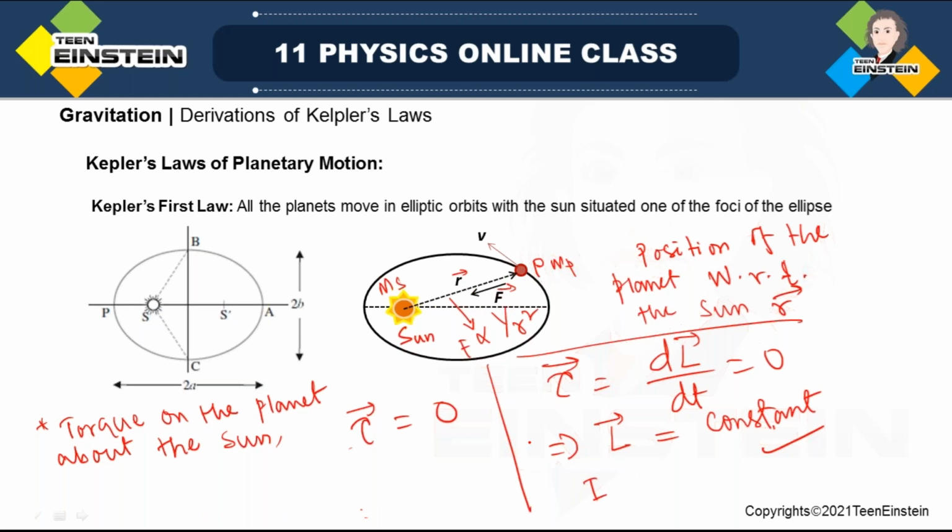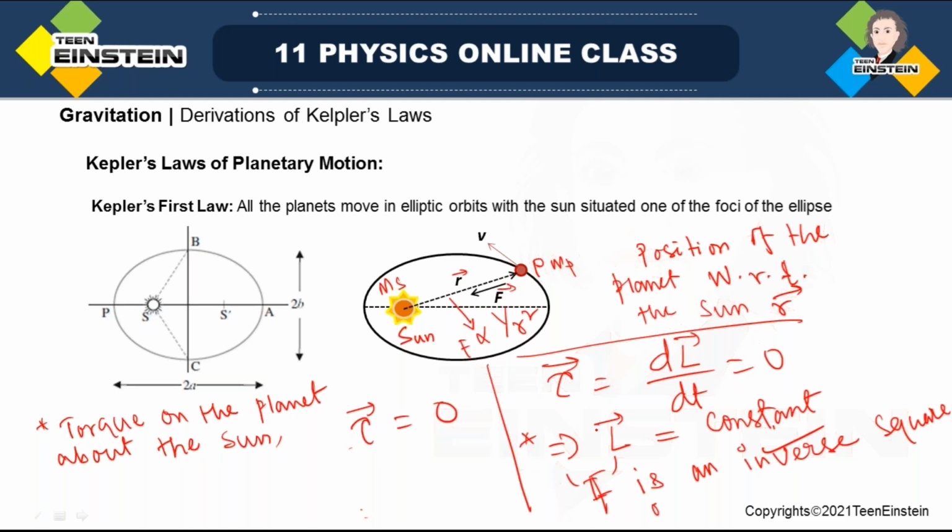Okay, so inverse square, so here there are two things. One is that the angular momentum is constant in direction and magnitude, and the force is inverse square. This force has the nature of inverse square law, so that's why we can prove it from here.